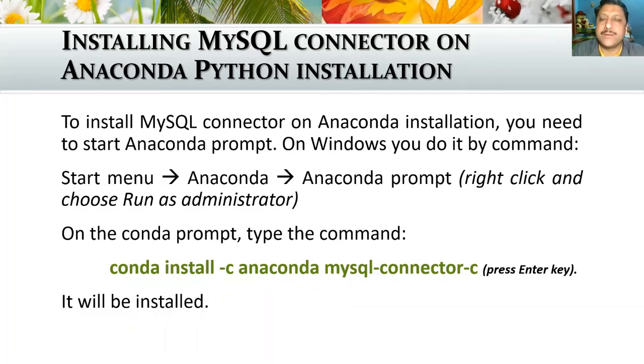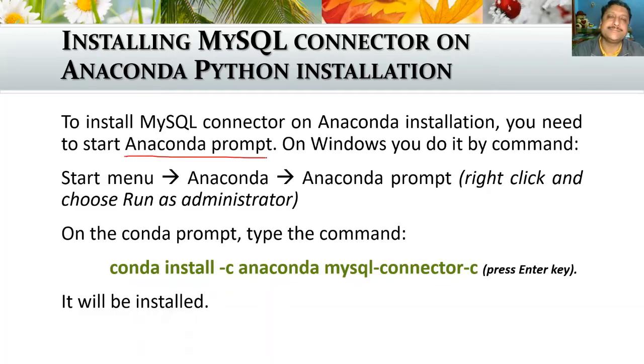Similarly, you can also install MySQL Connector for an Anaconda Python installation. The procedure is like this. First, Anaconda must be installed on your computer, and then you have to open the Anaconda Prompt.